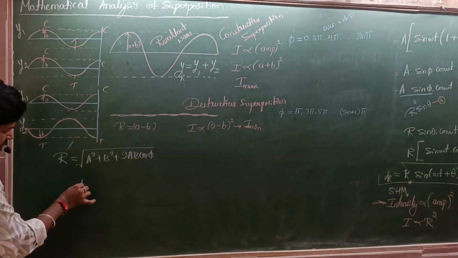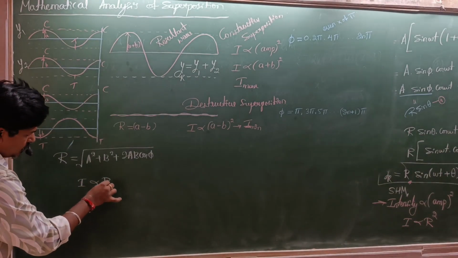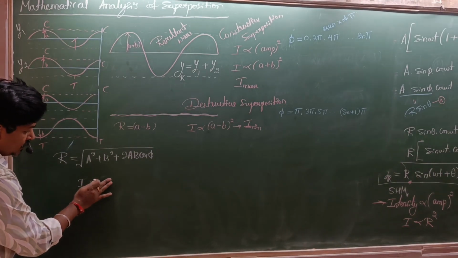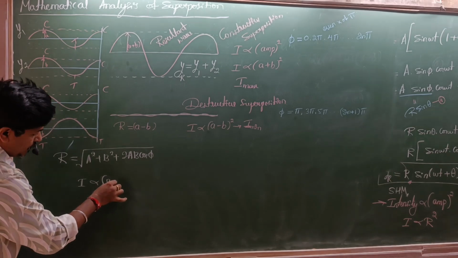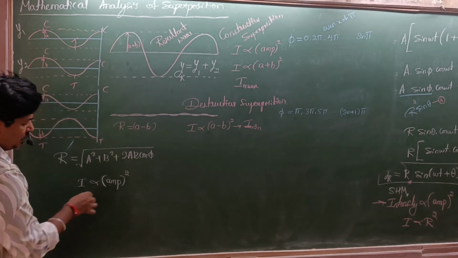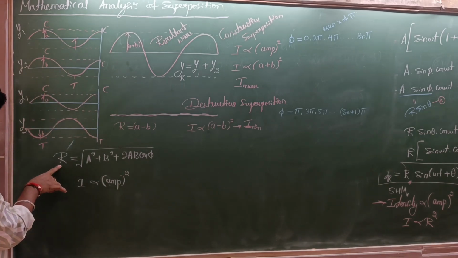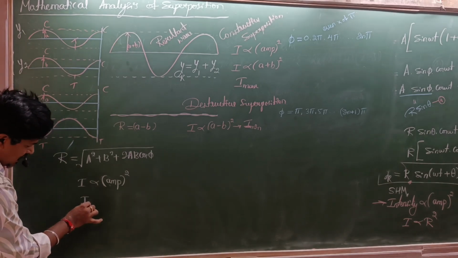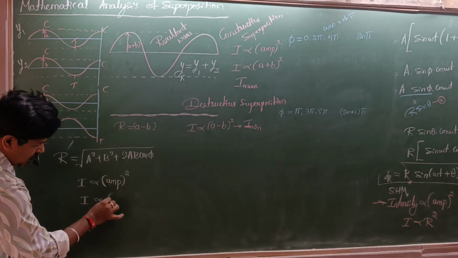So intensity is directly proportional to square of amplitude. Here the magnitude of amplitude is r, therefore we can write I is proportional to r square.